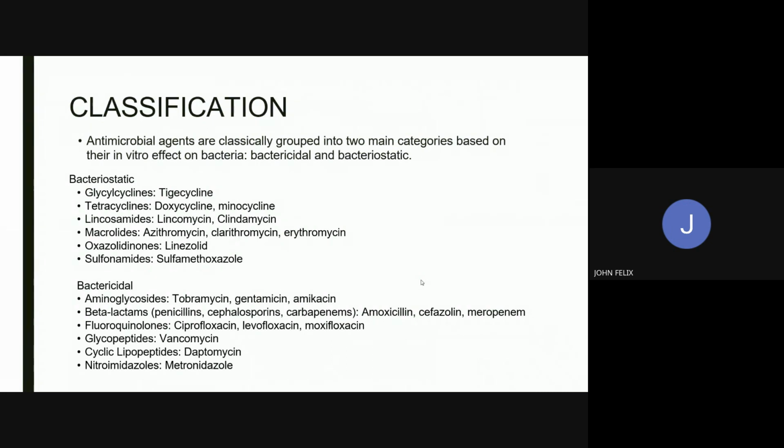The drugs that exhibit bacteriostatic effects include tigecycline, tetracyclines, clindamycin, macrolide antibiotics, linezolid, and sulfonamides. And the drugs that exhibit bactericidal effects include aminoglycosides, beta-lactam antibiotics like penicillin, cephalosporins, carbapenems, fluoroquinolone antibiotics, and glycopeptides like vancomycin, teicoplanin, and daptomycin, and metronidazole.